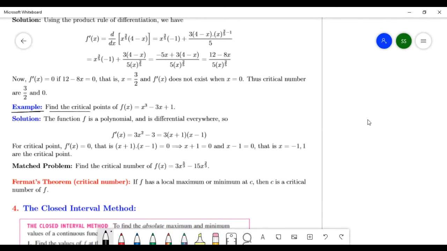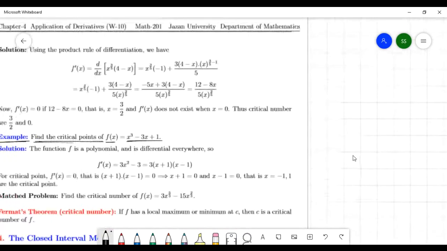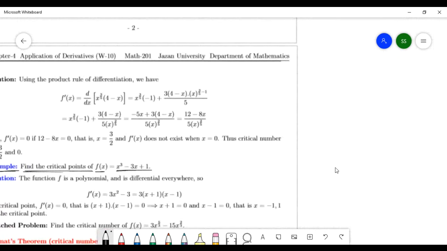Here is, find the critical points. Critical number or critical point, same thing. Find the critical points of f of x equal to x power 3 minus 3x plus 1. This is the function. You have to find the critical number. Okay. So let me start from here.